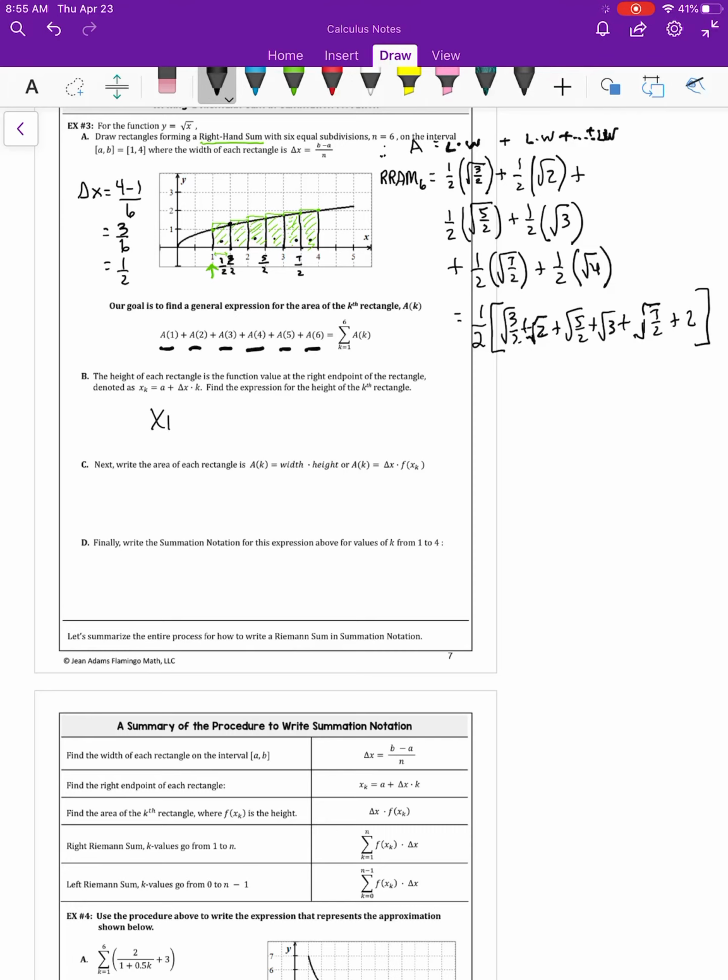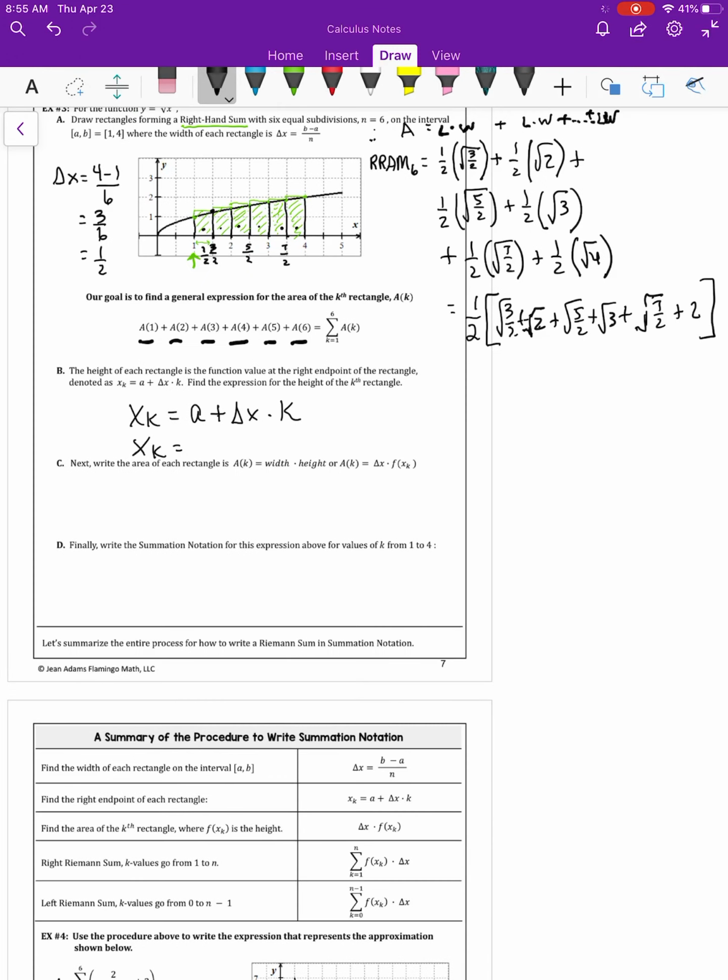So now, for part B, the height of each rectangle is the function value at the right endpoint of the rectangle, which is what I showed you, denoted as x sub k equals a plus delta x times k. Find the expression for the height of the kth rectangle.